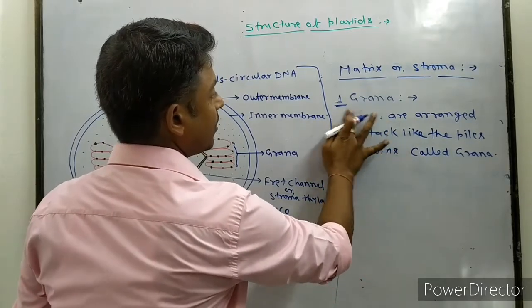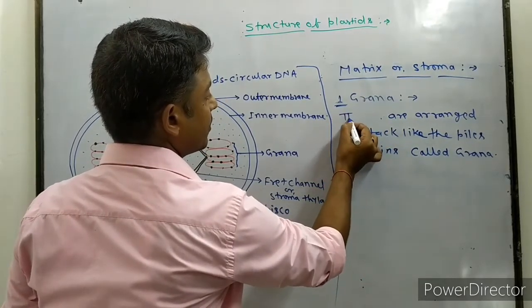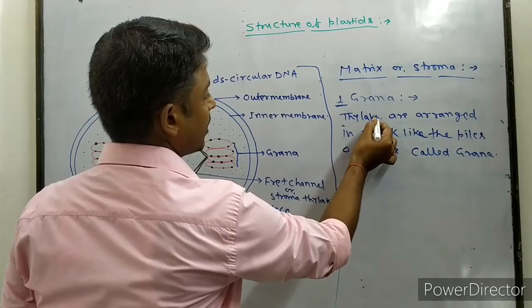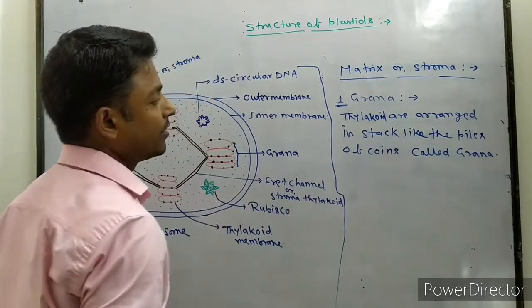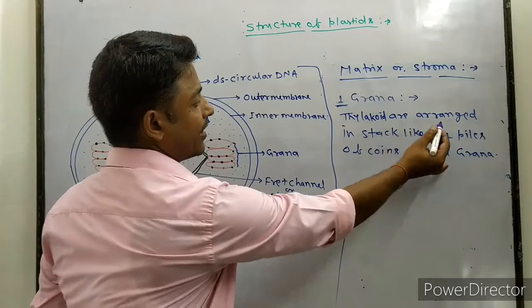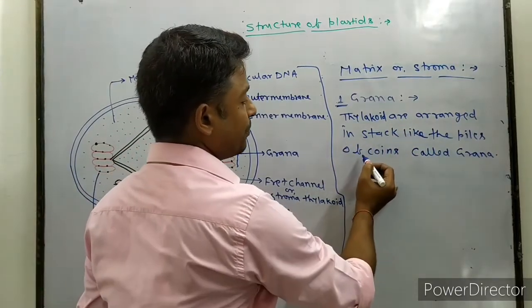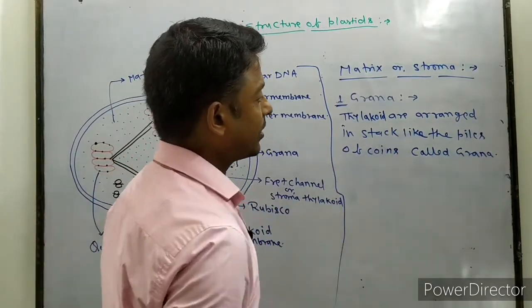Sorry, thylakoids are arranged in a stack like piles of coins, called grana.